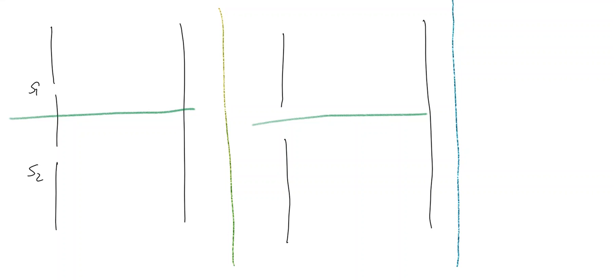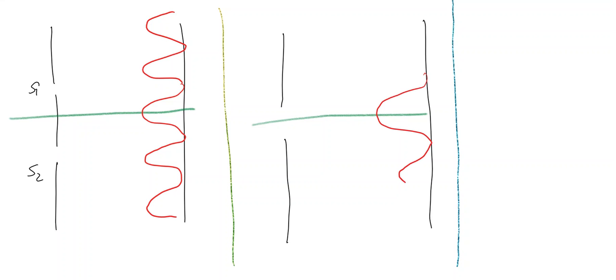Second difference, when we look at the interference pattern, it is like this. Whereas the diffraction pattern is like this. So what does it mean?